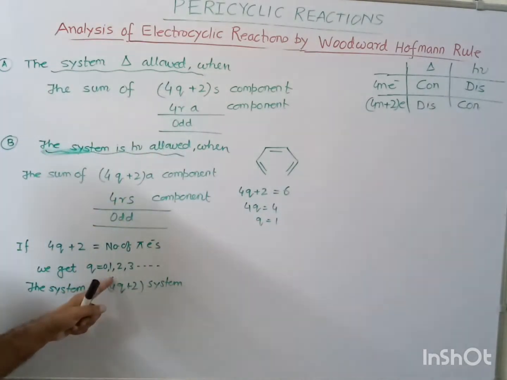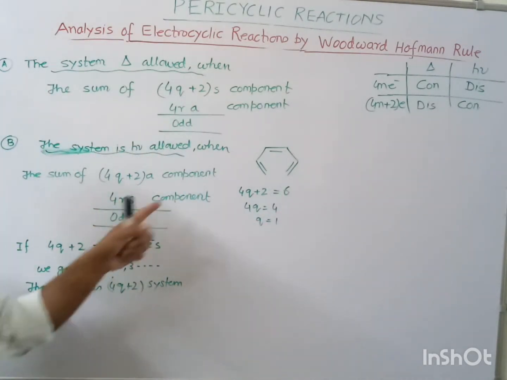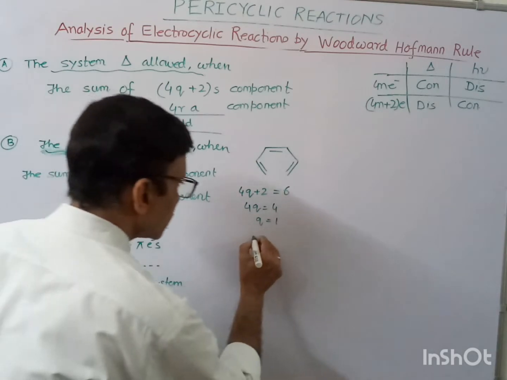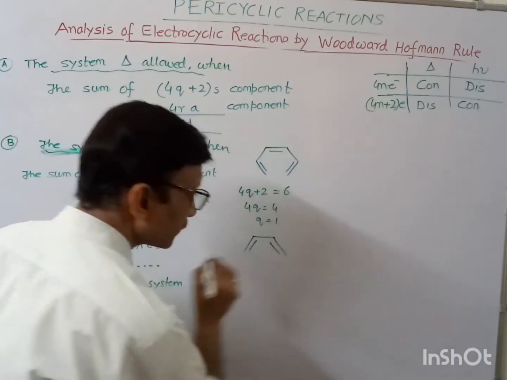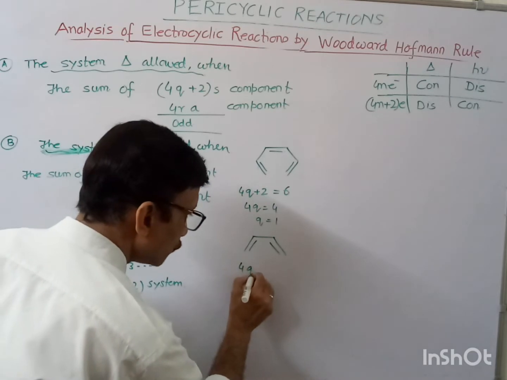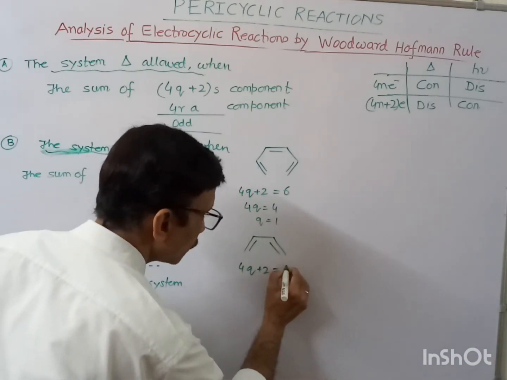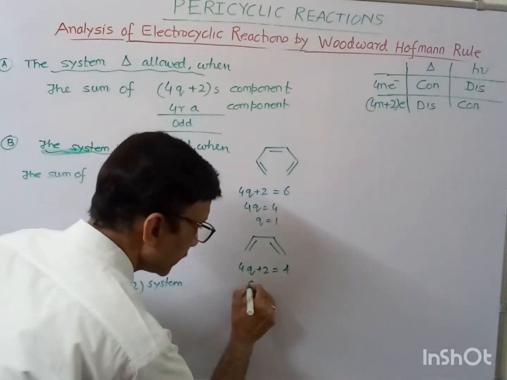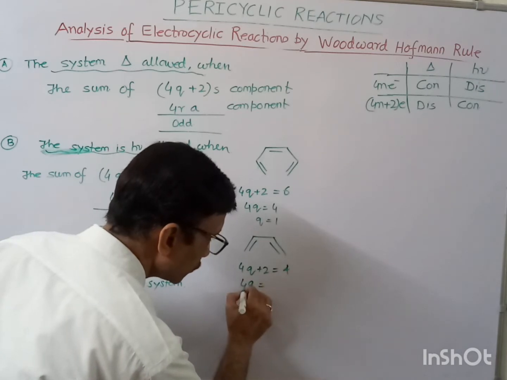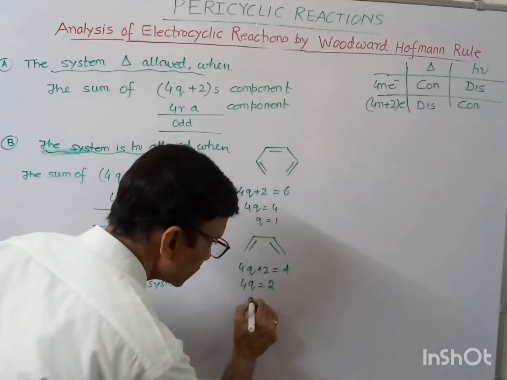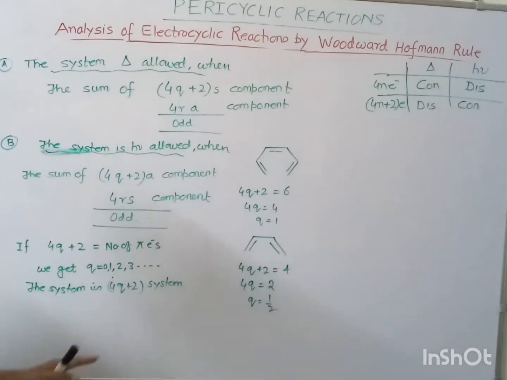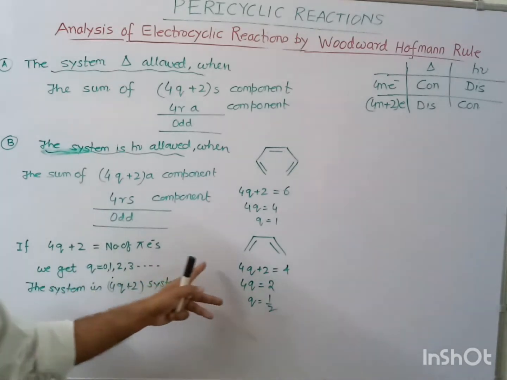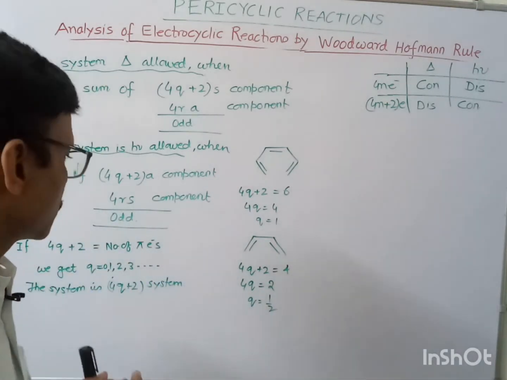That's why such a system may be called a 4q plus 2 system. Now suppose I take butadiene, and put 4q plus 2 equal to 4. How many pi electrons are present? 4. Then 4q comes out to be 2, so q equals 1 by 2. So q is not coming out to be 0, 1, 2, 3, and that's why such a system can't be called a 4q plus 2 system.